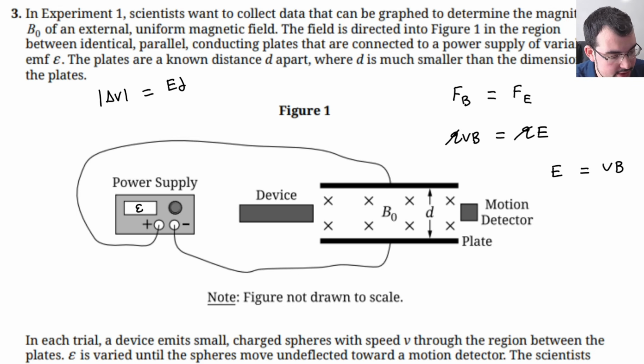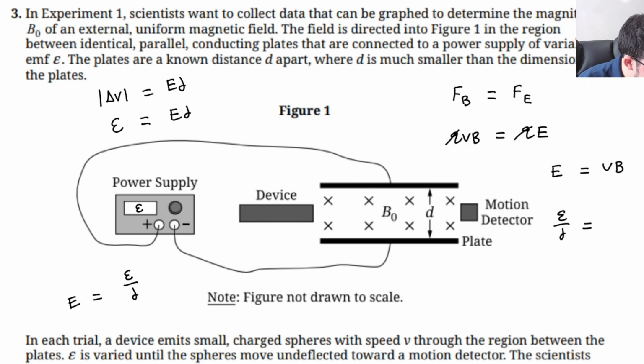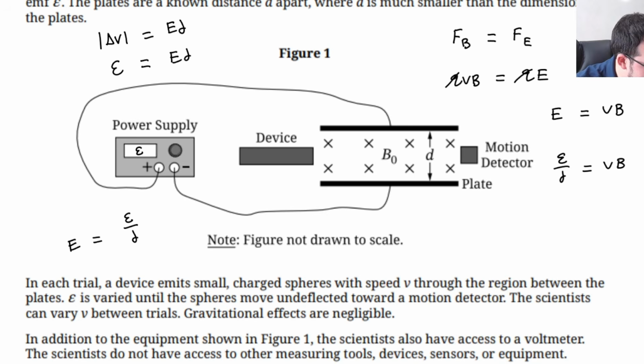So this means our potential difference, script E, is equal to ED, or the electric field is equal to E over D. And I don't really like fractions, so I'm going to say that the potential difference is VBD.